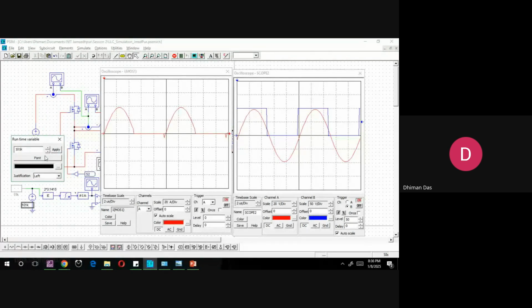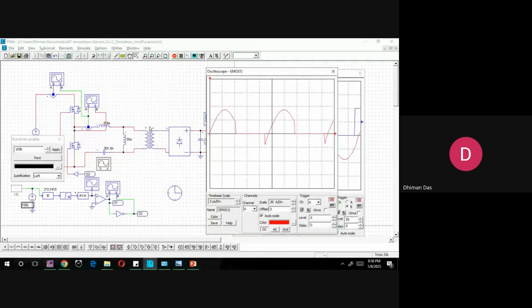Now if I increase it further, you see there is a huge amount of reactive current flowing through the switch, but your zero voltage switching is very prominent. Now you have to design how much current you want to allow. This current is controlled by magnetizing inductance LM. Here I put LM.